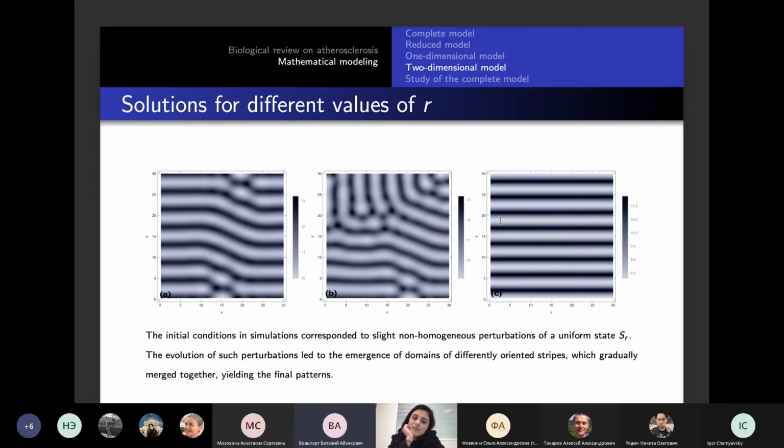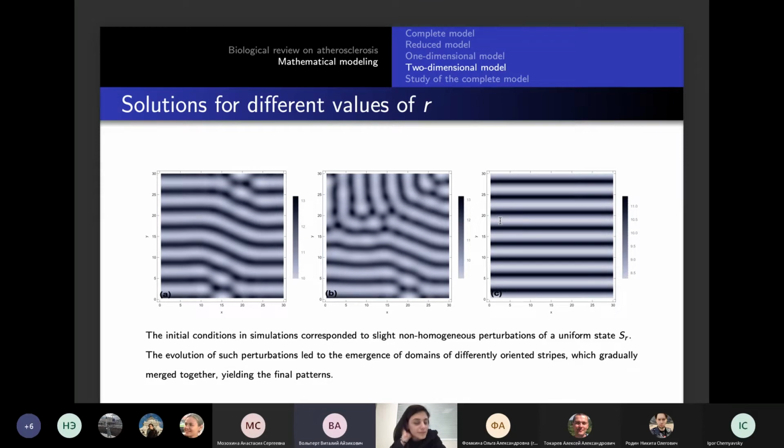But we could not yet study the emergence of this geometry and how it depends on parameters, because we see here three different examples for three different values of R, the chemotactic coefficient. So the geometry is a little bit different. Well, it's natural to assume that there is complex nonlinear behavior, bifurcation diagrams, multiple solutions, because in the one-dimensional case, Gada presented this multiplicity of solutions.